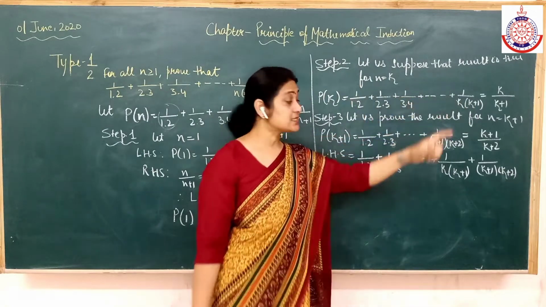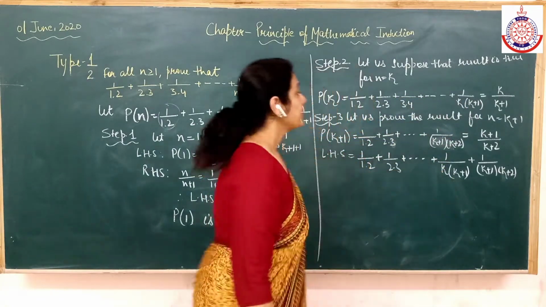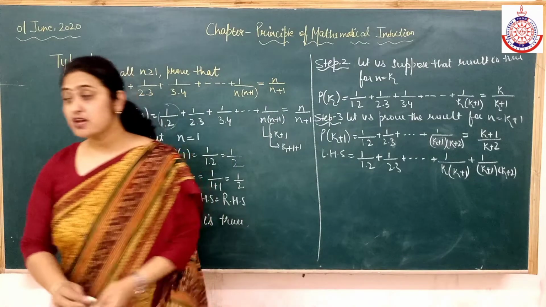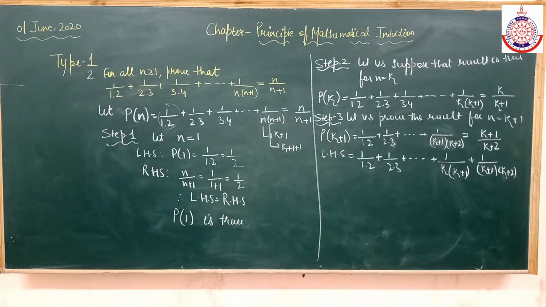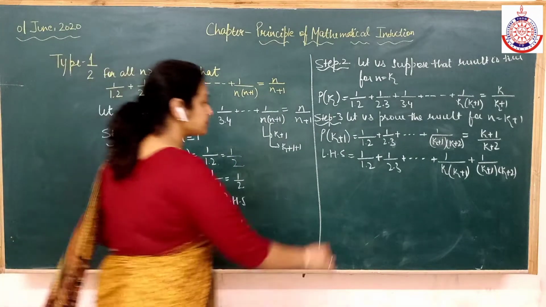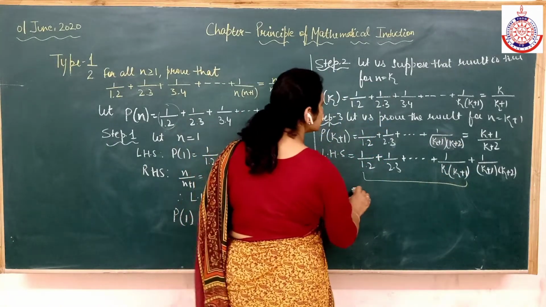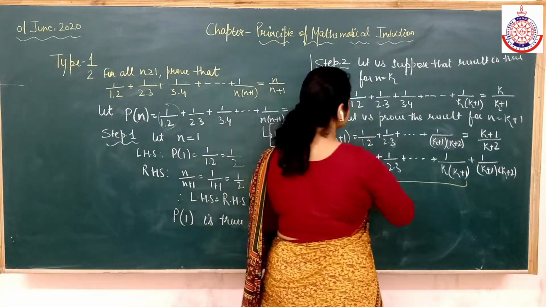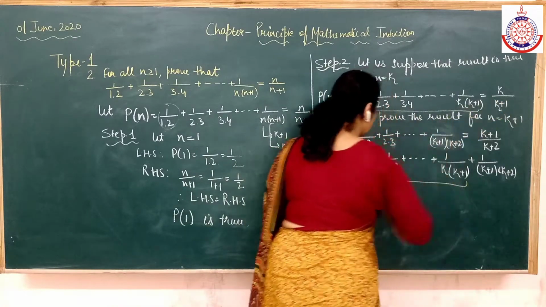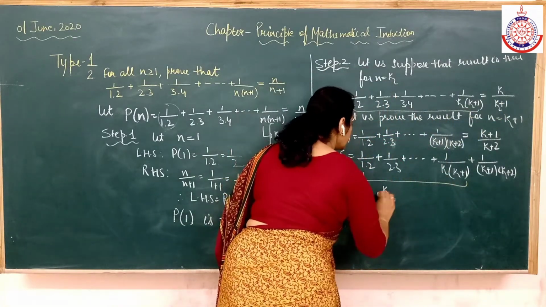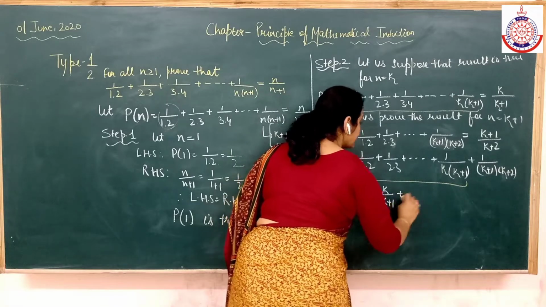Now we put the values. From the second step, I have to put the value, that is k upon k plus 1, and this I have.